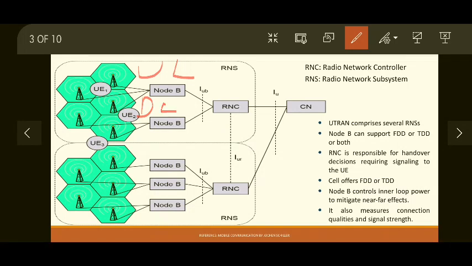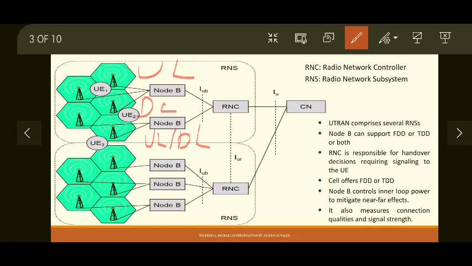Time division duplexing means uplink and downlink will use same frequency, but channels will be transmitted at different times. So the difference between FDD and TDD is that in FDD there are separate frequencies for uplink and downlink, and in TDD the same frequency is used but at different time slots for uplink and downlink.